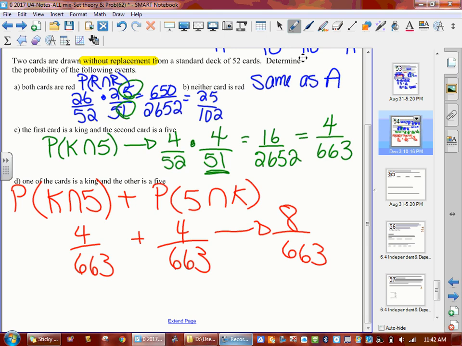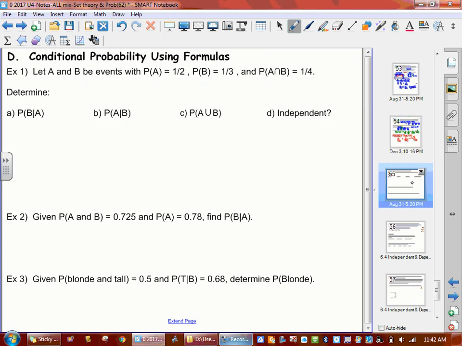All right, let's take a look at our last few examples here. So, conditional probability using formulas. These are the ones where we've got to go through our triangle formulas again.